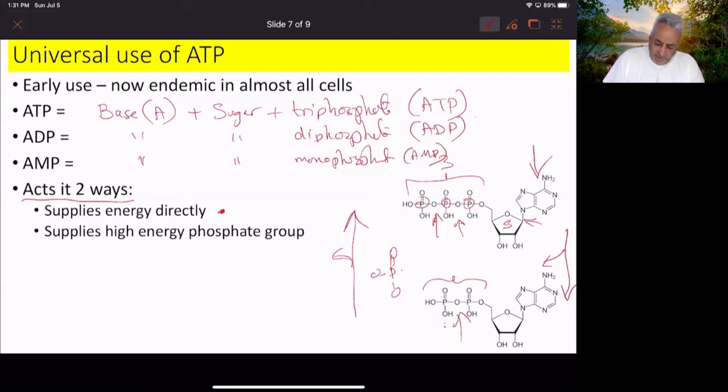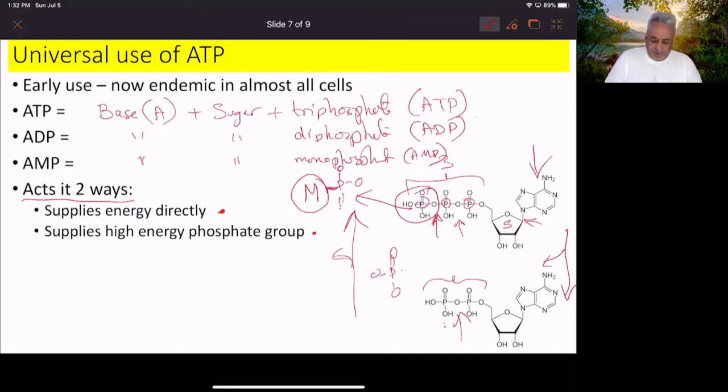The alternative way that ATP can supply energy is by using the terminal phosphate and attaching that to another molecule. So suppose you have another molecule, let's call it M, and this molecule is in the vicinity of ATP, and then you break the first phosphoanhydride bond. The phosphate can then be transferred to this molecule here.